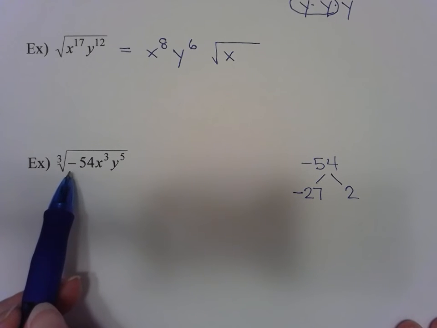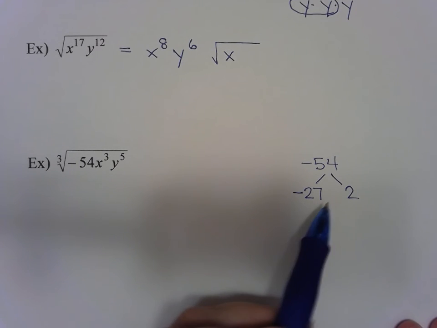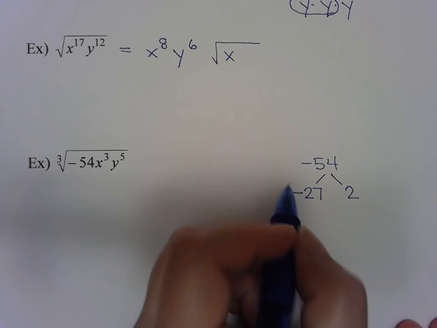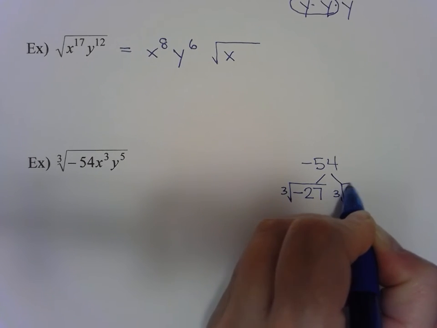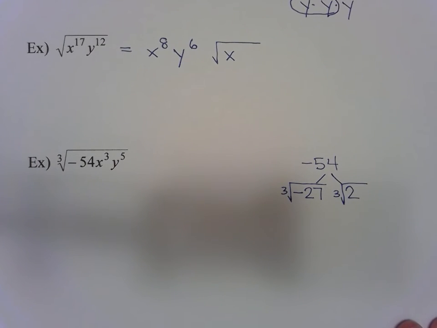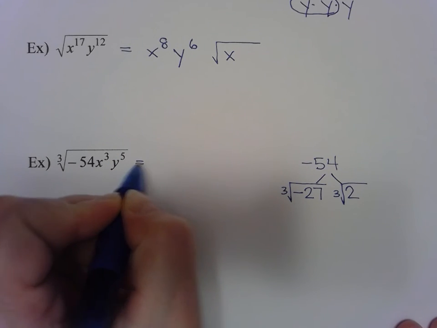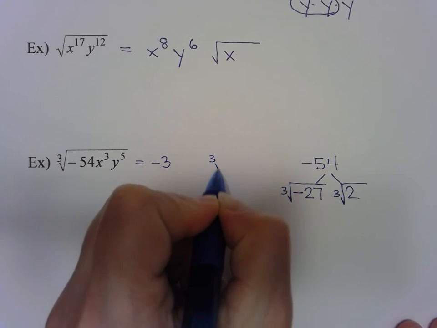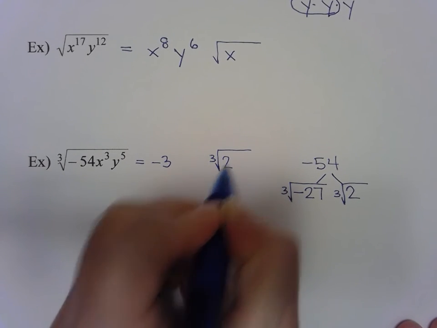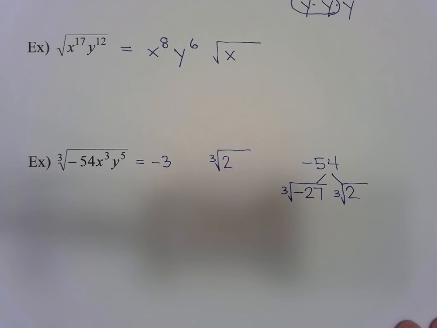If I have a negative here, it would be really good to go ahead and take the cube root with that negative and pull it to the outside. So this is going to give me negative 3 from the cube root of negative 27 on the outside, and the 2 left over on the inside.